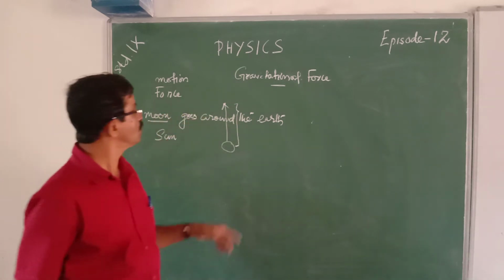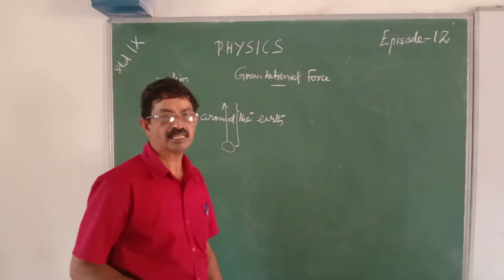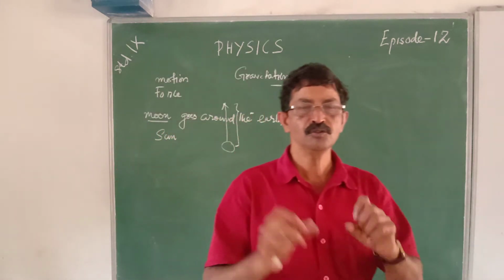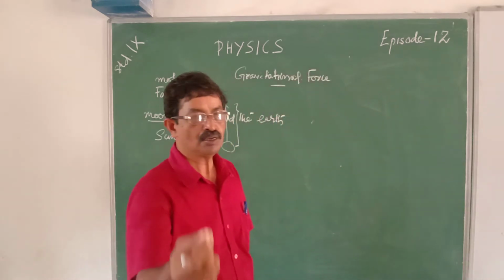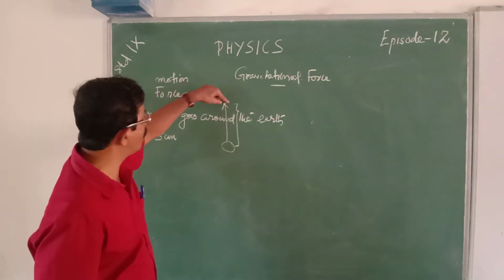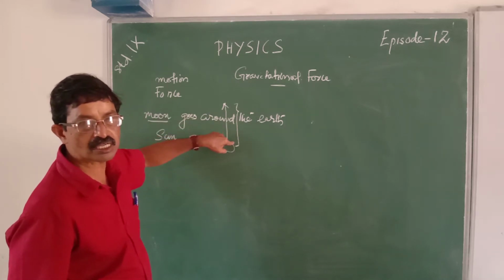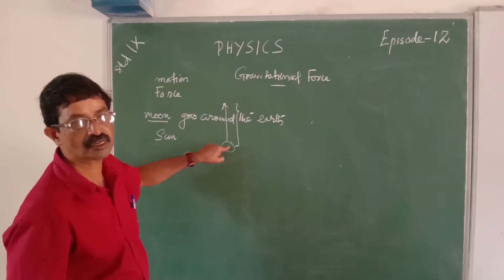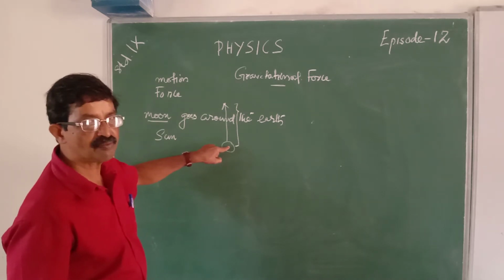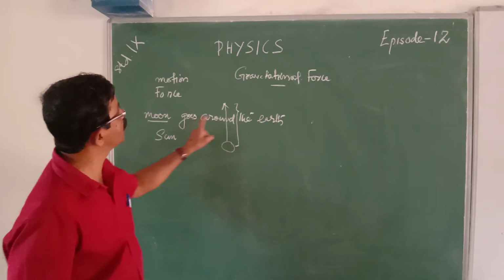Newton put forward an idea that this is due to some force. That means when the stone falls down to the earth, it is because the earth exerts a certain force on this stone. Similarly, the moon goes around the earth.